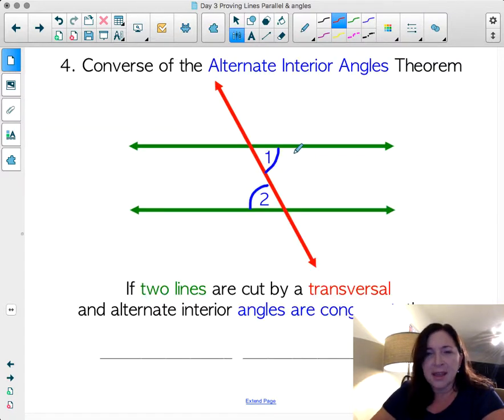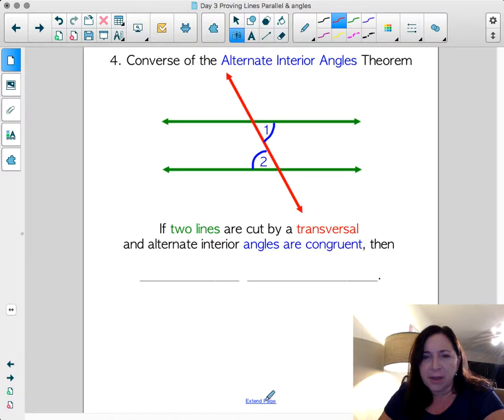Okay. The converse of the alternate interior angle theorem basically says if you have two lines that are cut by a transversal and the alternate interior angles are congruent, then the lines are parallel.